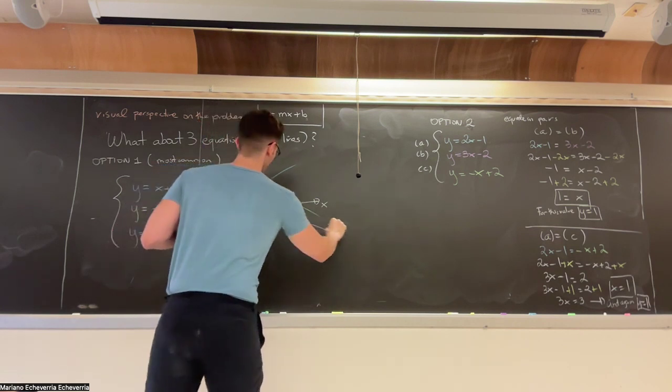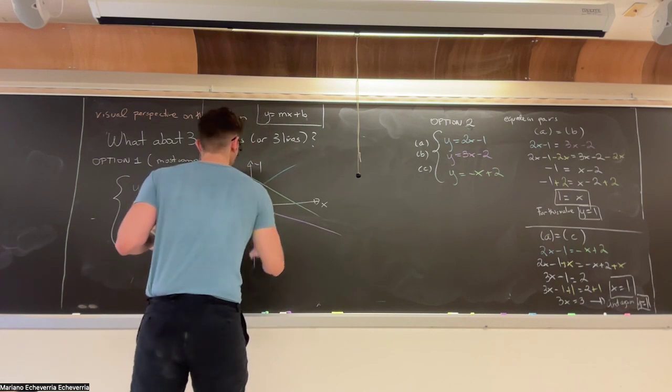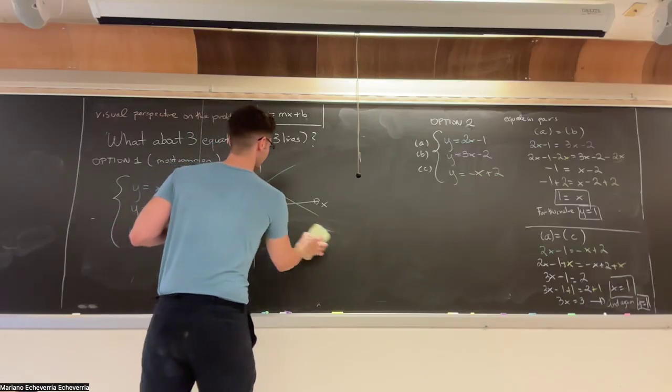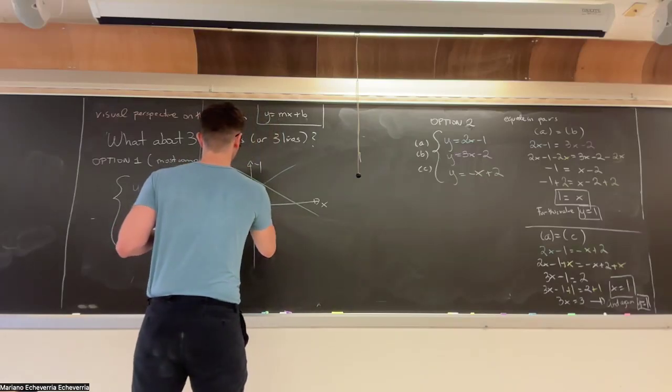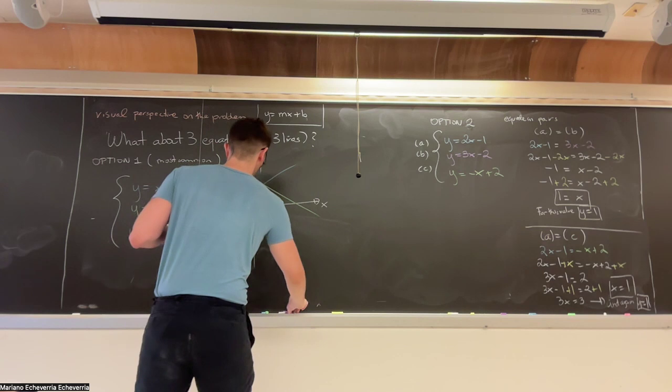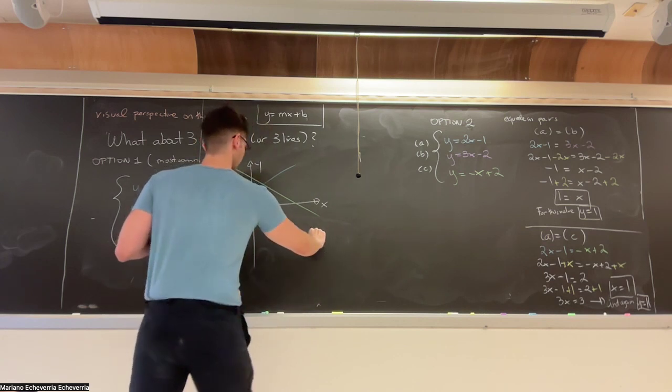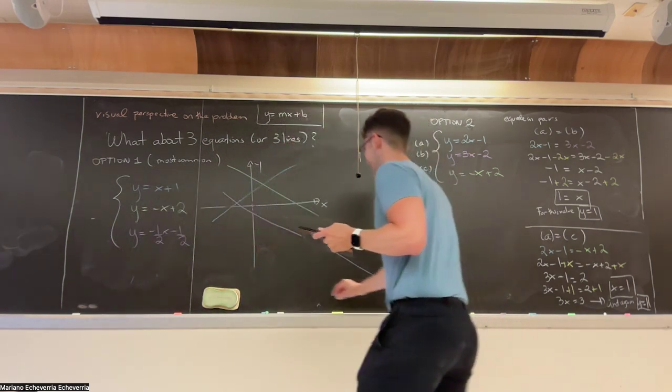Again, you don't have to do a super accurate picture. Then let's do one with a negative intercept, so I can get this picture ready. I have to extend this a lot.